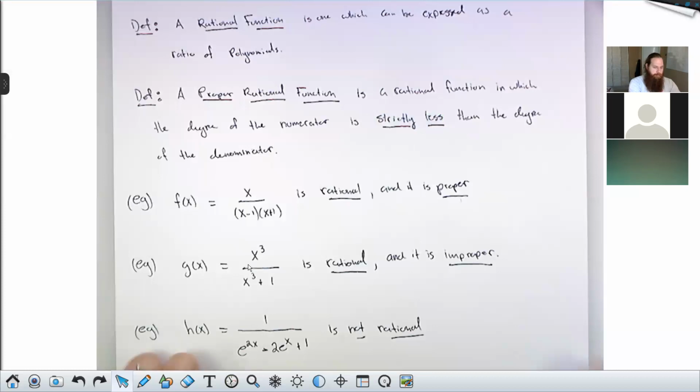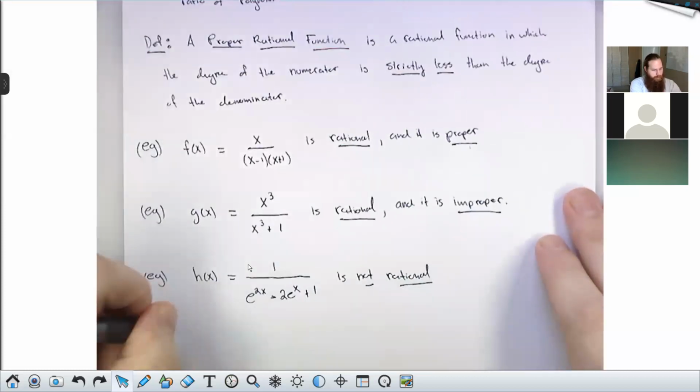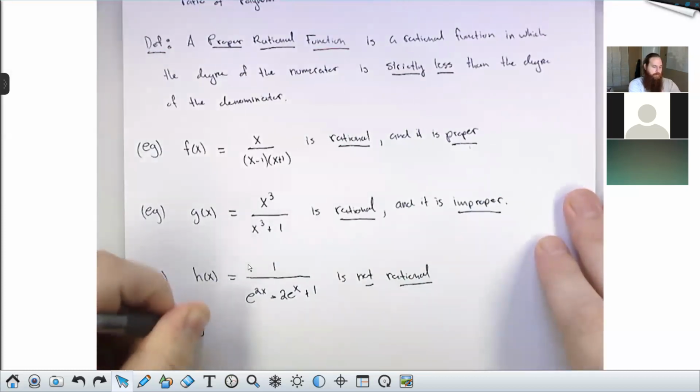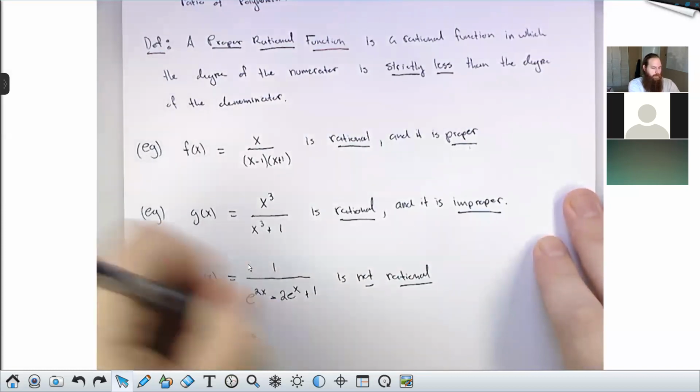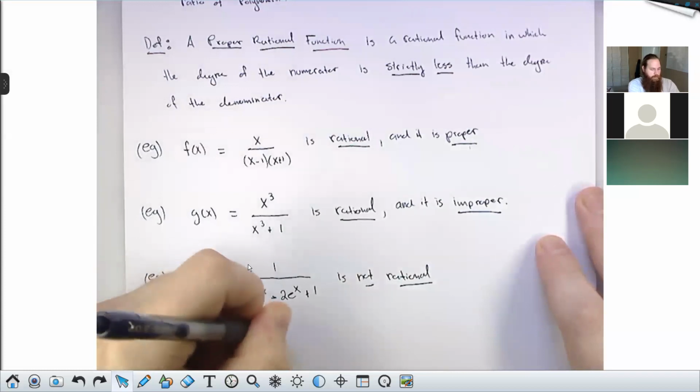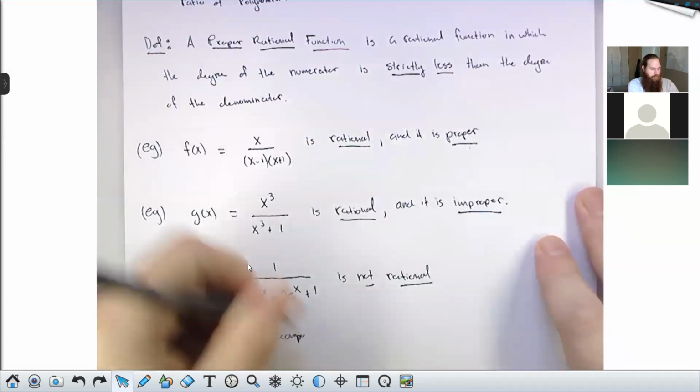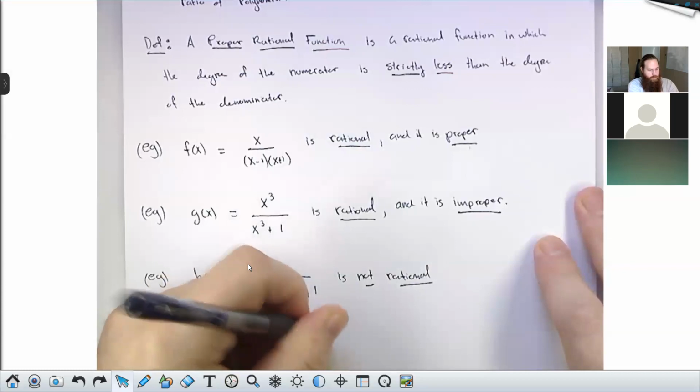Partial fractions. Partial fraction decomposition, which is what we're learning.